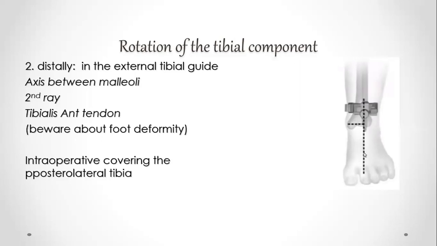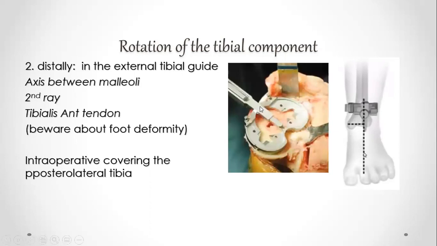Another thing is the intraoperative covering of the posterolateral tibia. Now, this is an intraoperative picture. This is the tibial cutting box. And we can see here is the medial and there is the lateral with the patellar tendon. It looks like the posterolateral was very well covered, while there is a little bit of uncovering of the posteromedial.